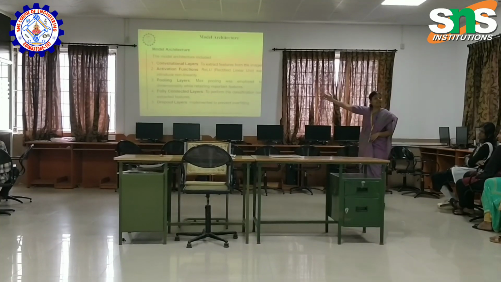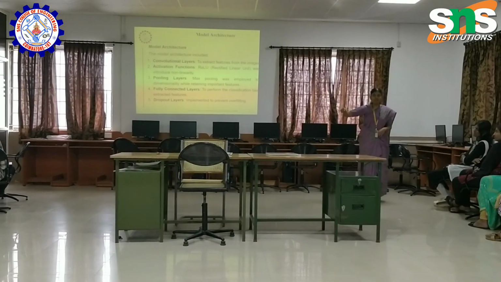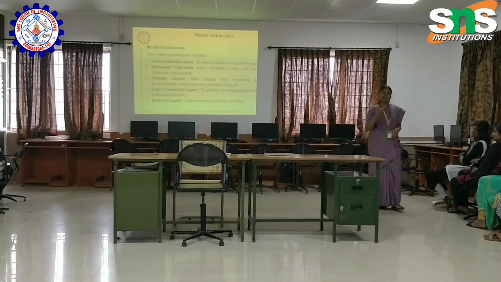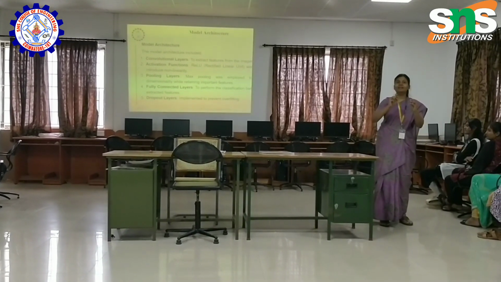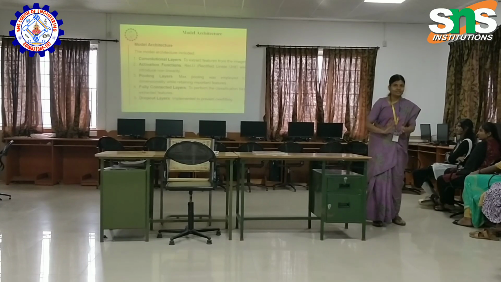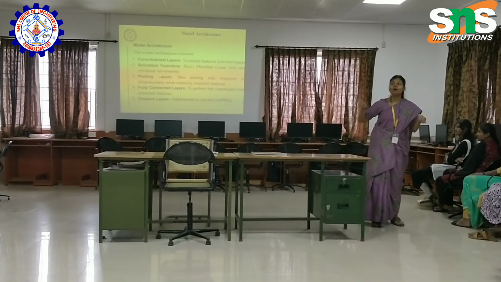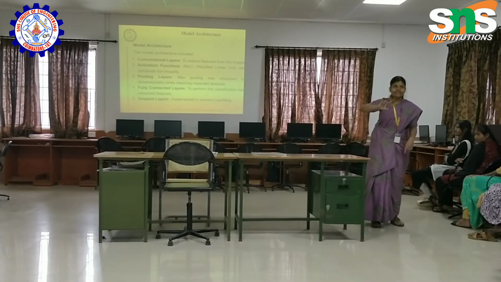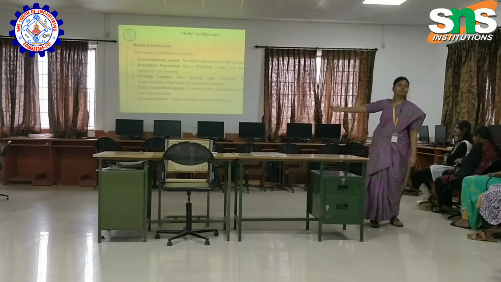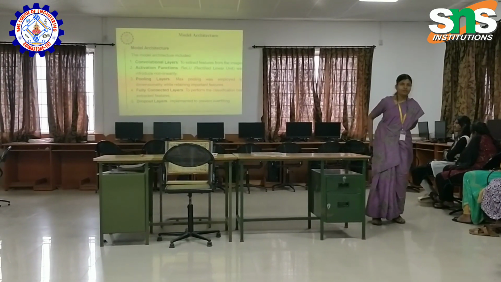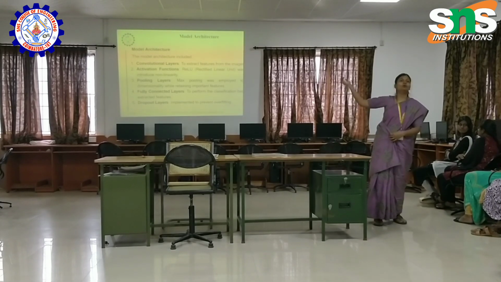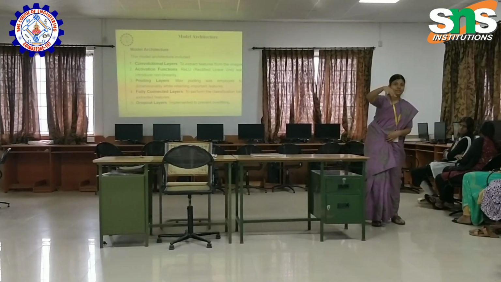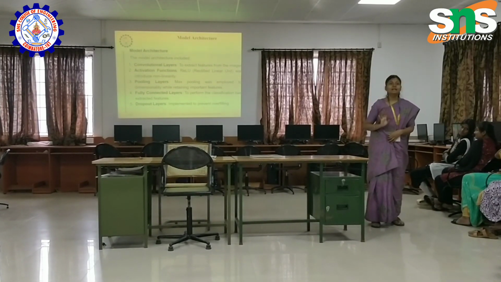For that we are having convolutional layers in the model. If I give you a task, you will be creating a project. For that project you will be having a model diagram. That is what we are going to create. We are having a model where the convolutional layers will take care of identifying the features present in the image.